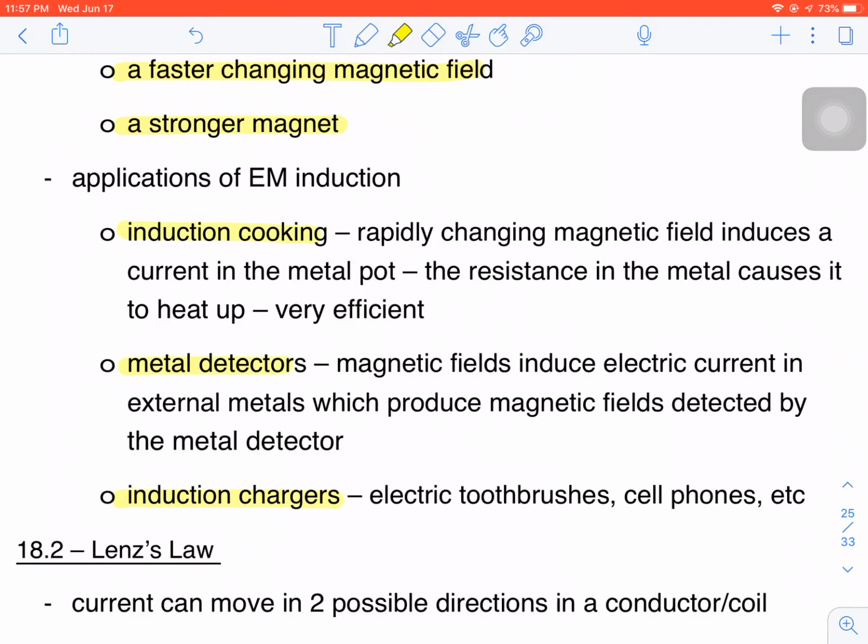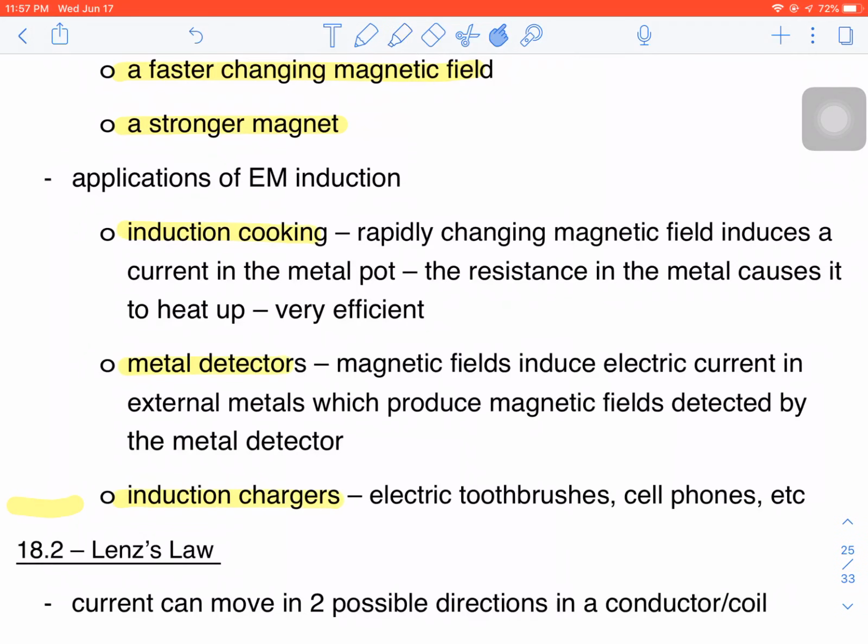And the same thing with something like an electric toothbrush or other types of electric devices, where we just set the device close to the charging base, and the movement of the magnetic field will ultimately generate the electricity which is used to charge the device.